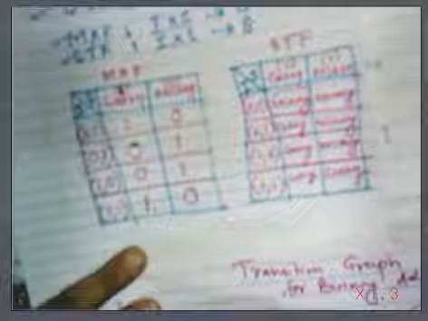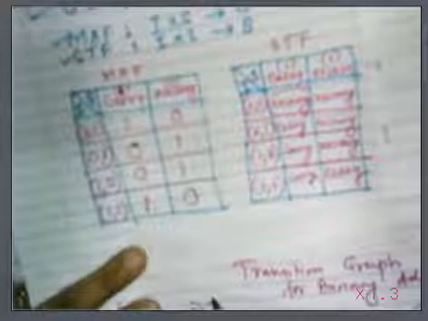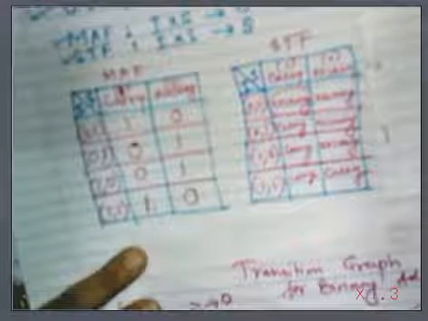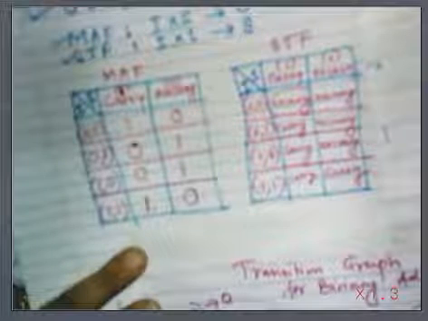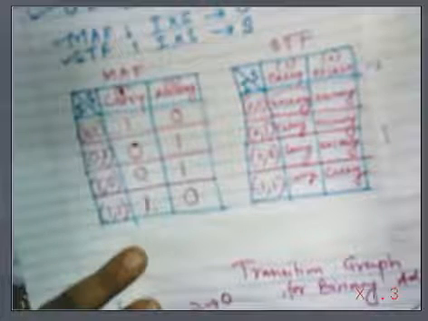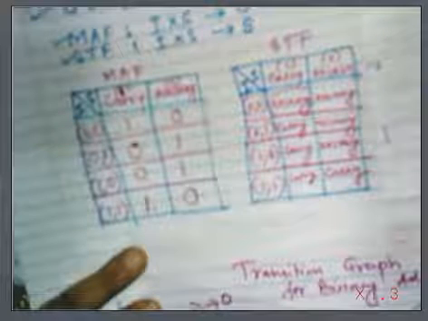Okay. And if you are giving input as 0, 0, you are generating output as 0. This self loop indicates that you were initially in a no carry state, and when you got this type of combination of states and the input, you are remaining in a no carry state. Is it clear?